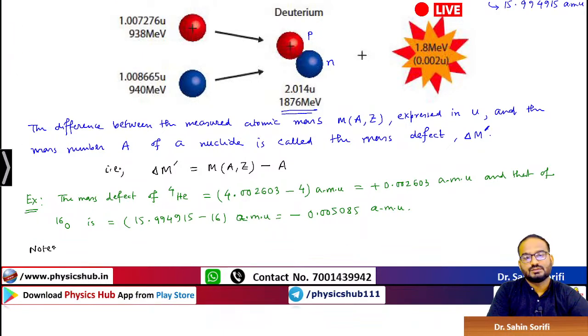Note that the mass defect can be both positive and negative.